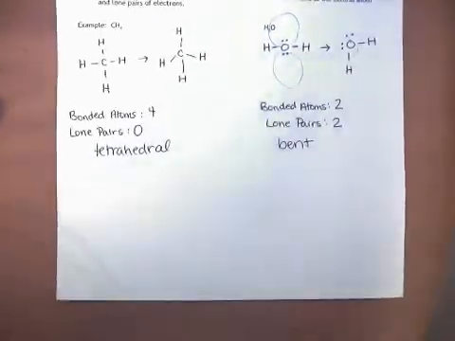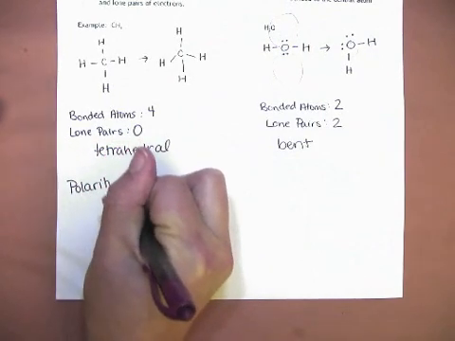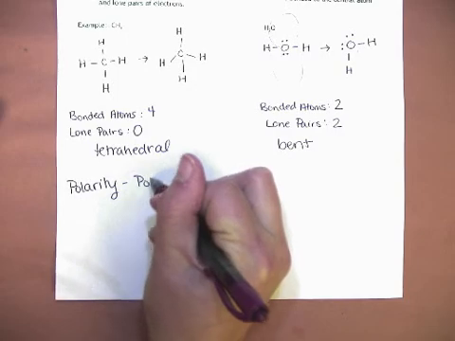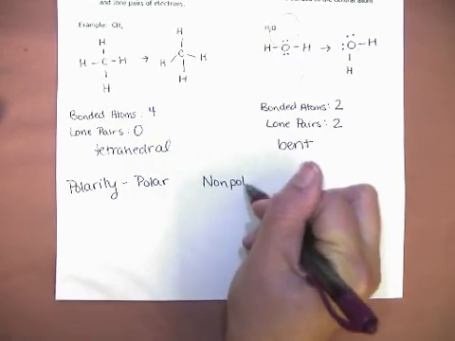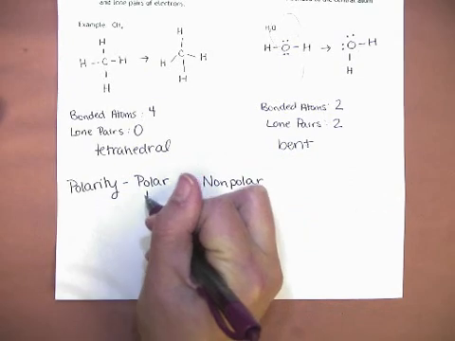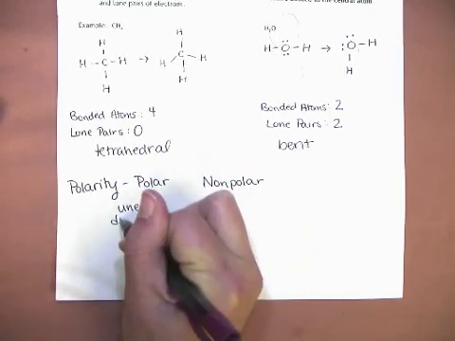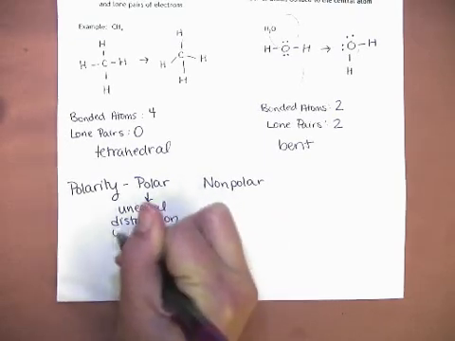One more part to this is polarity. If something has a polarity, it can either be polar or it can be nonpolar. Polar is an unequal distribution of electrons.